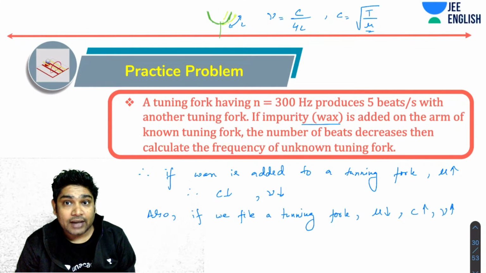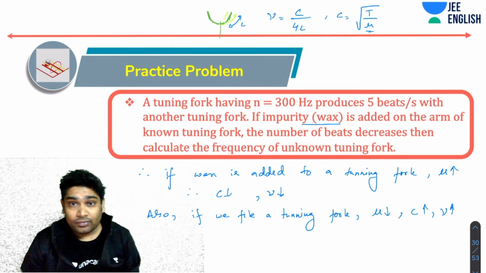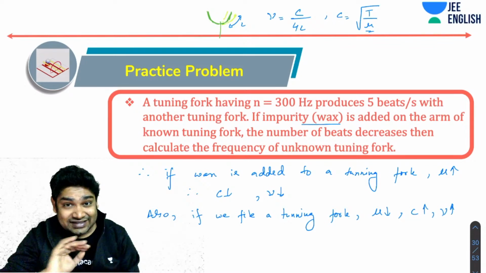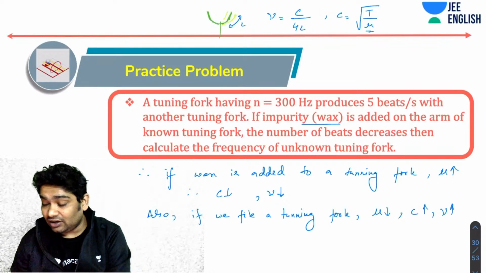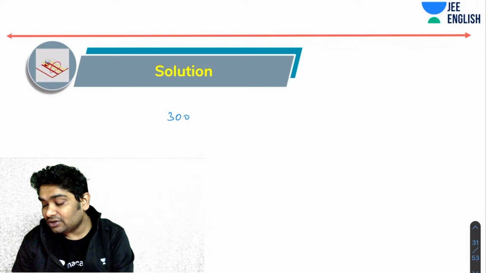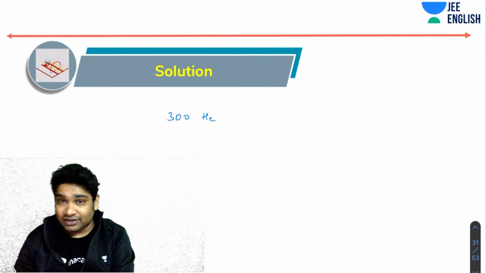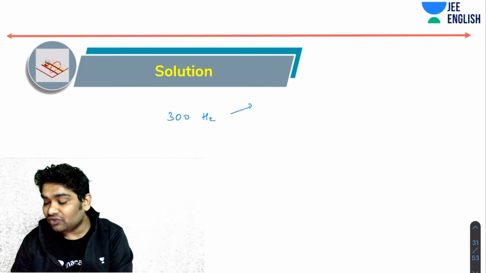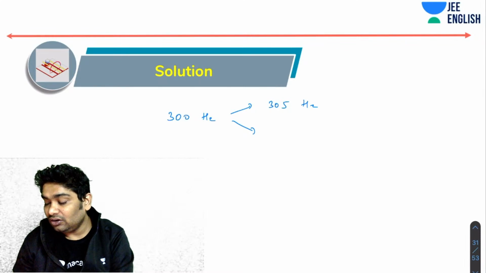Calculate the frequency of the unknown tuning fork. So these questions are super simple. All you need to figure out is that if you had a 300 hertz tuning fork producing 5 beats, it can produce 5 beats with two frequencies, right? 305 hertz or 295 hertz.